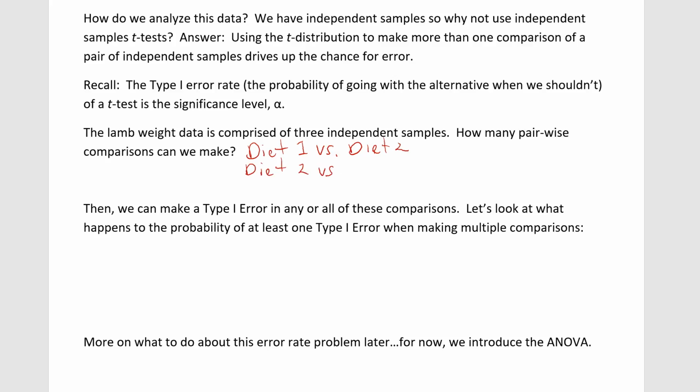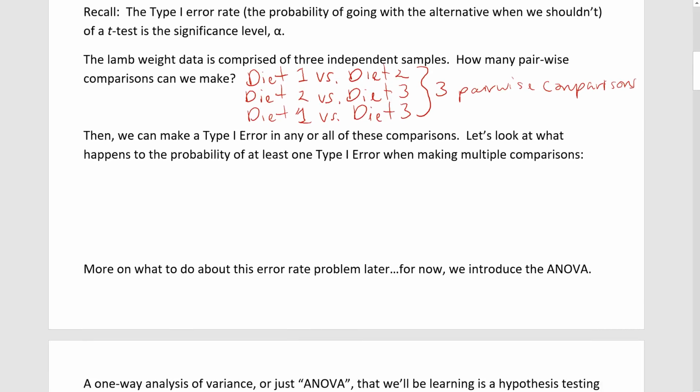And we can have diet 1 versus diet 3. So that's 3 pairwise comparisons, which would mean we'd have to do 3 independent samples t-tests. So we could make a type 1 error on any one of these comparisons.